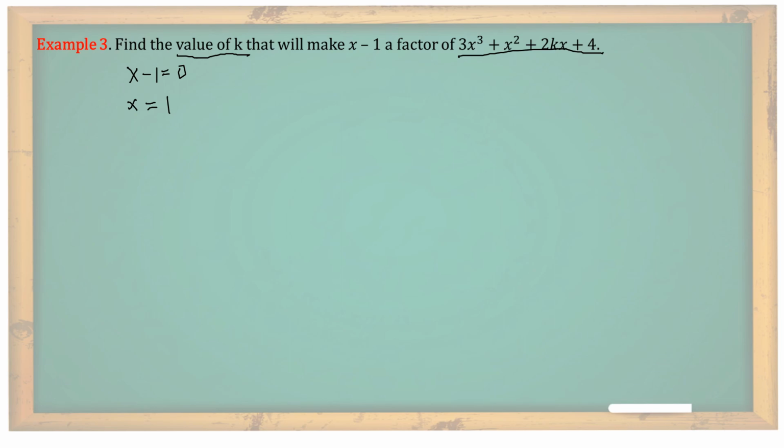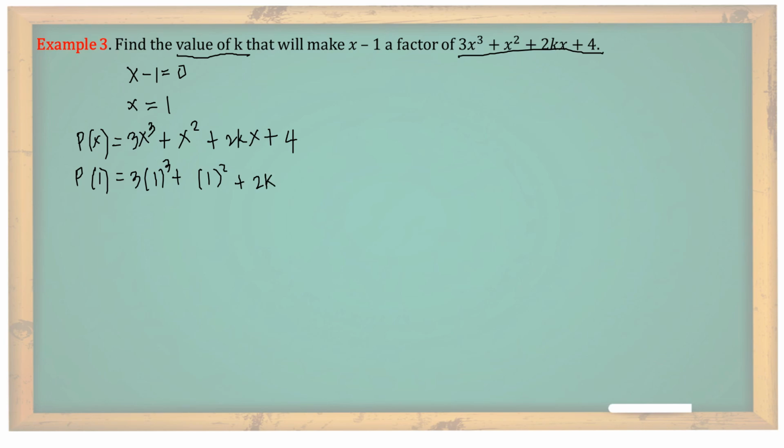Then yung ating p of x is equal to 3x cubed plus x squared, okay, plus 2kx plus 4. Substitute the value of x, which is 1. So P of 1 is equal to 3 times 1 cube plus 1 squared plus 2k, okay, 2k times 1 plus 4. 1 cube is equal to 1.